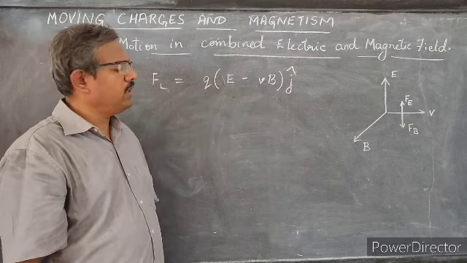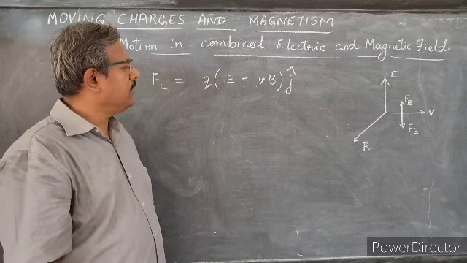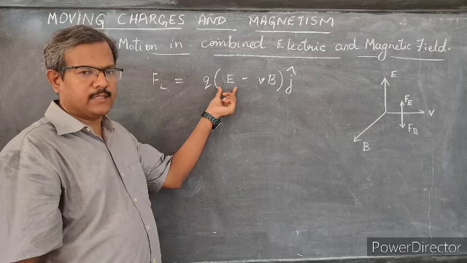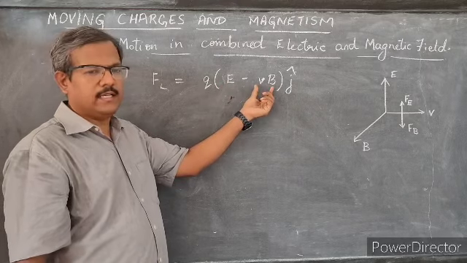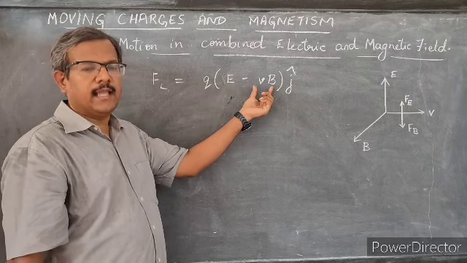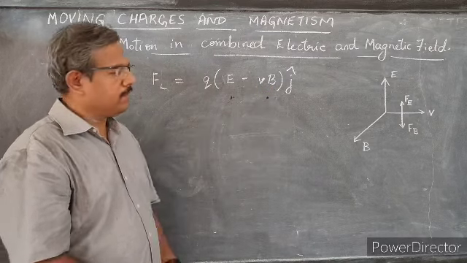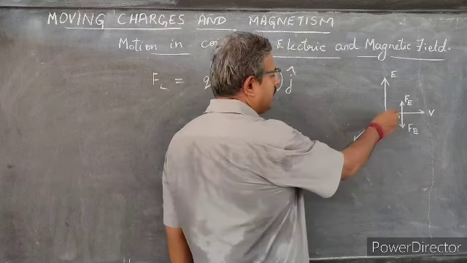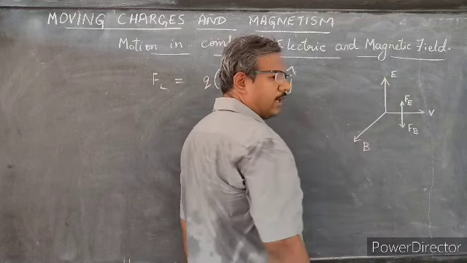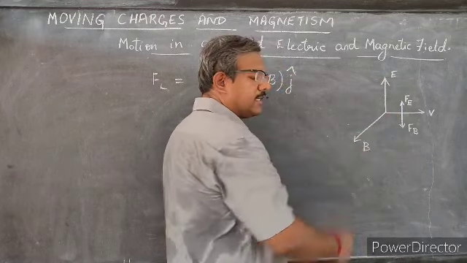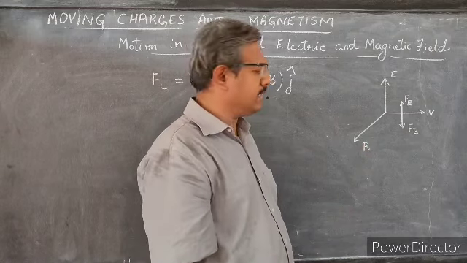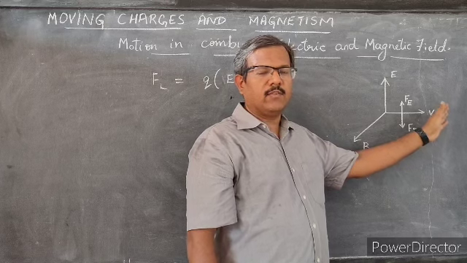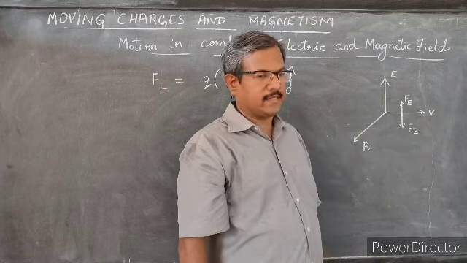Now, if you are a keen observer, you would have observed that the electric force is acting in one direction, whereas the magnetic force is acting in the exact opposite direction. So if this was the assumption we started with, we said the electric field will act along the y-axis, the magnetic field, let's assume it to be acting along the z-axis, and then the particle is traveling with a velocity v in the x-axis.